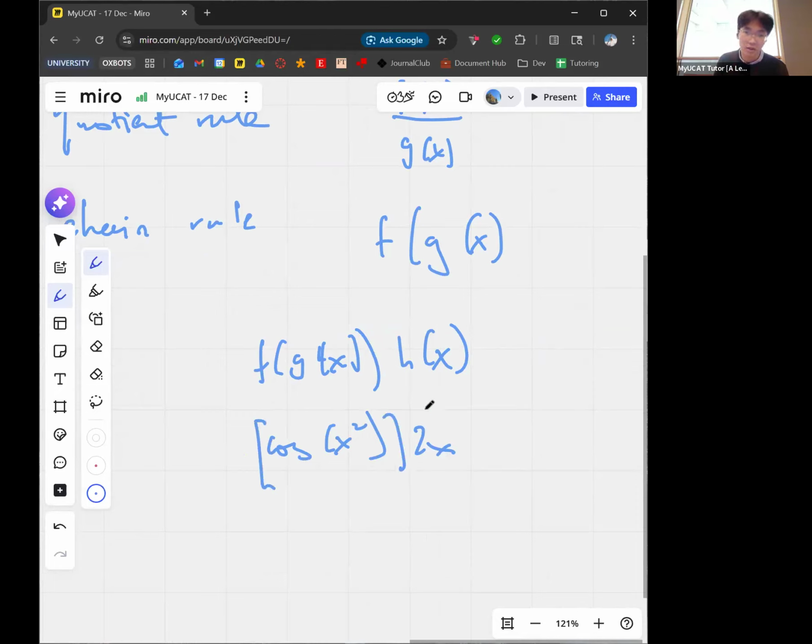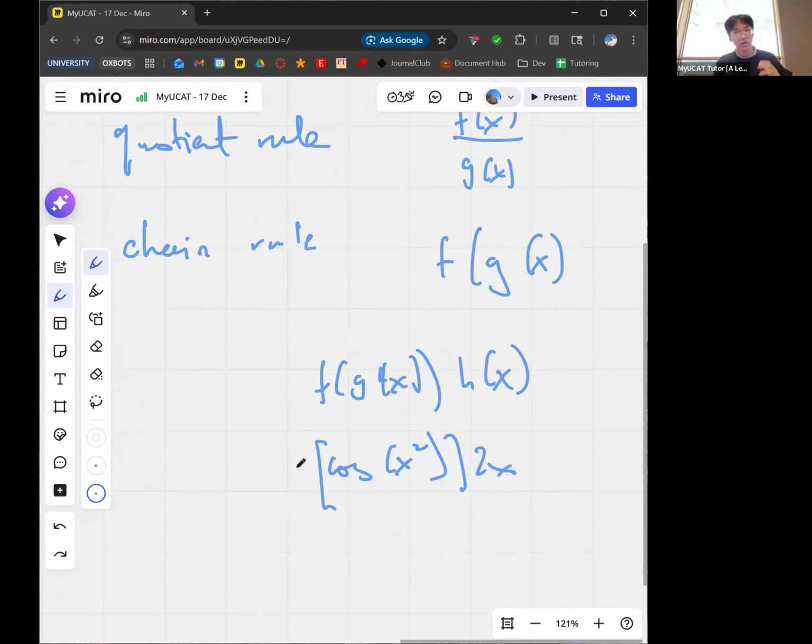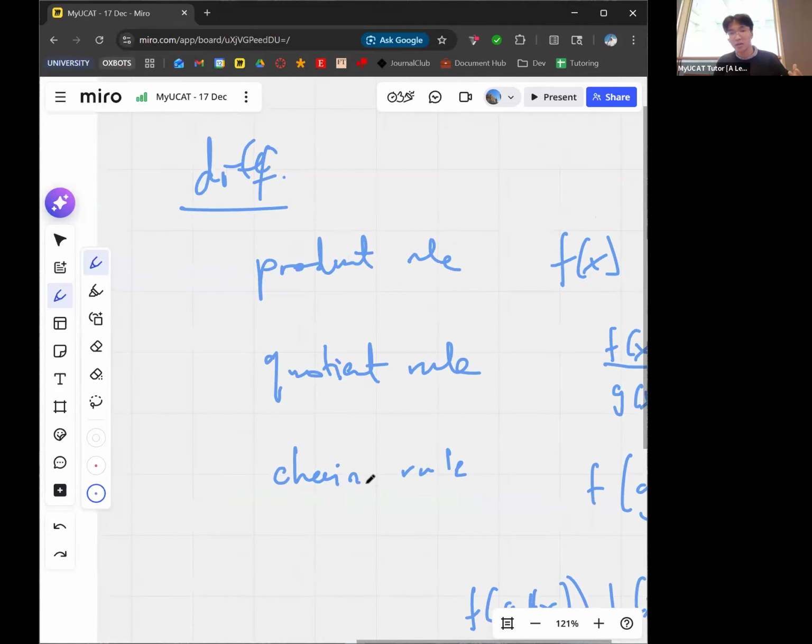You're differentiating these two, so you want to split those up with product rule, and then you do chain rule on the inside. So that's how I think you should look at differentiation. And then beyond that, if you understand these three frameworks, you look at your formula booklet to make sure that you've got everything.